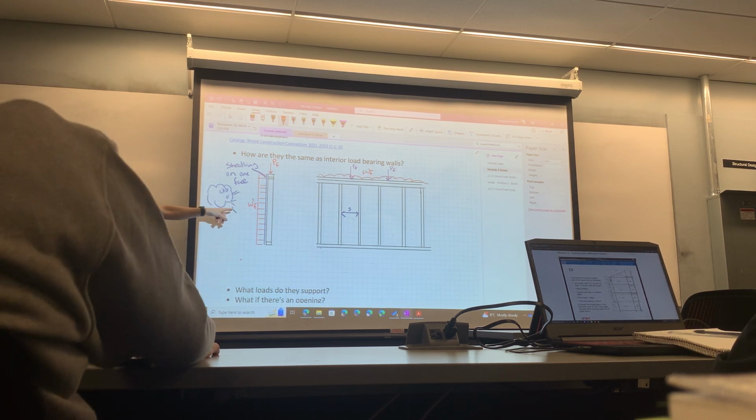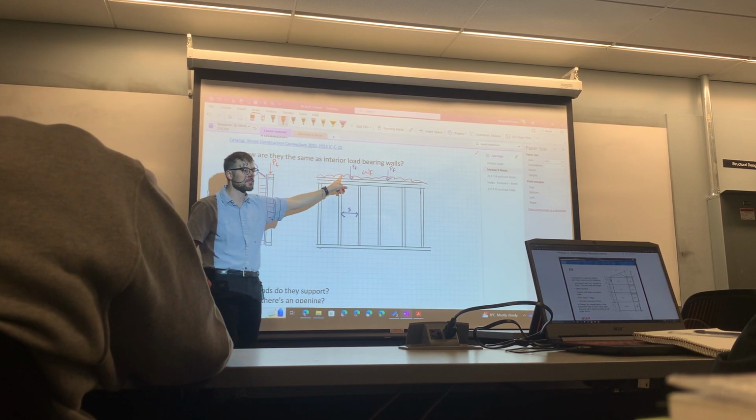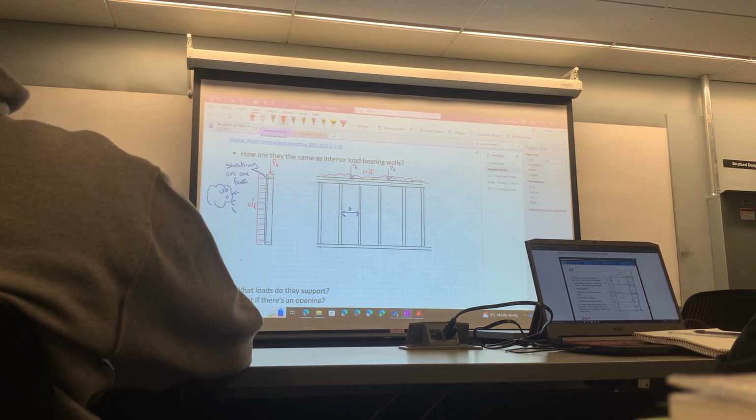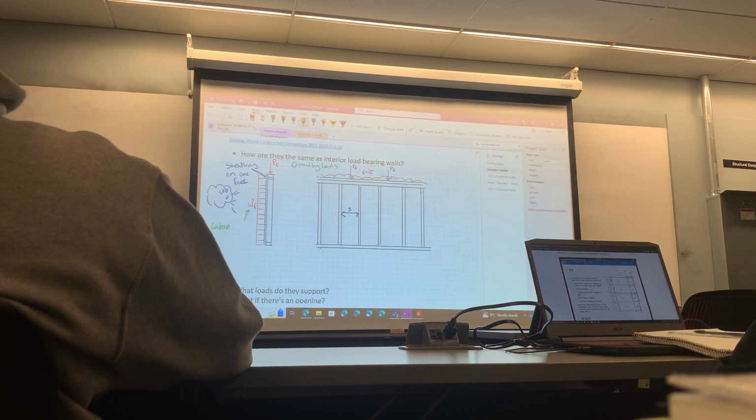I'm going to call it W prime F to distinguish it from our gravity loads. For terms, we'll refer to these as gravity loads, and this will be lateral, sideways, or we'll just call it wind load.